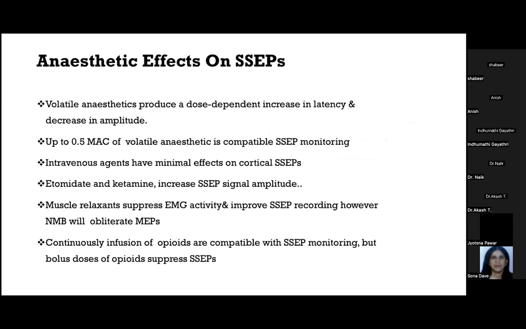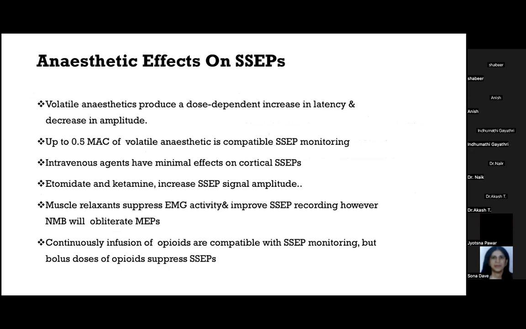Now, we must know, when the SSEPs and MEPs are done, what the anesthetic effects on these evoked potentials are. On somatosensory evoked potential, volatile anesthetics produce a dose-dependent increase in latency and decrease in amplitude. Up to 0.5 MAC of volatile anesthetic is compatible with SSEP monitoring. Intravenous anesthetic agents have minimal effects on cortical SSEPs.